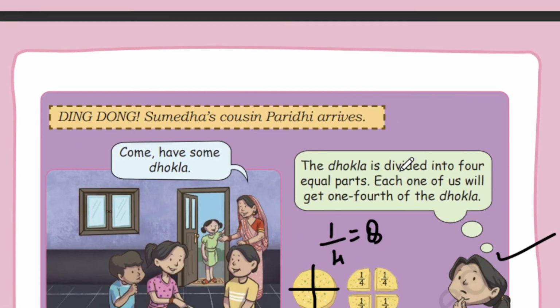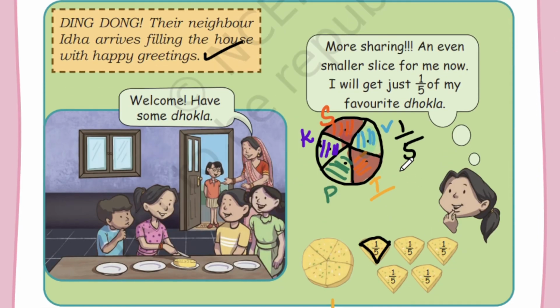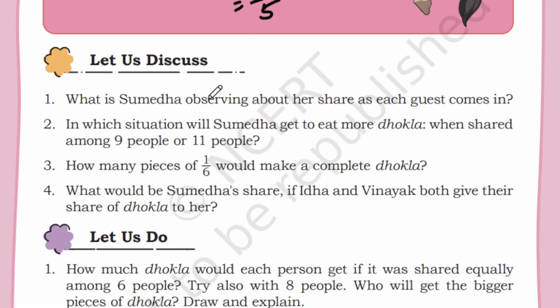So she is observing the piece of the Dhokla is becoming smaller and smaller. Or even you can write size also, you can write becoming smaller.